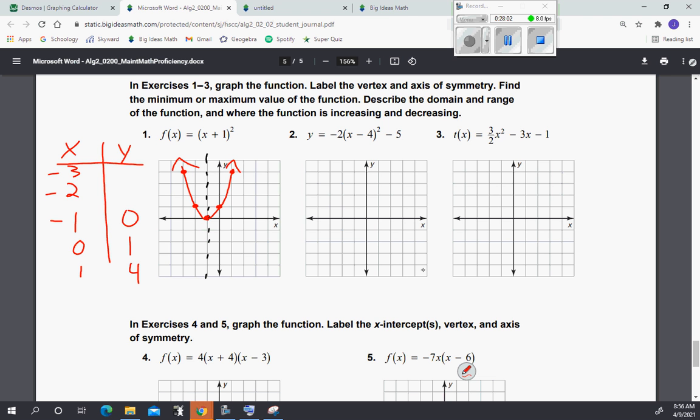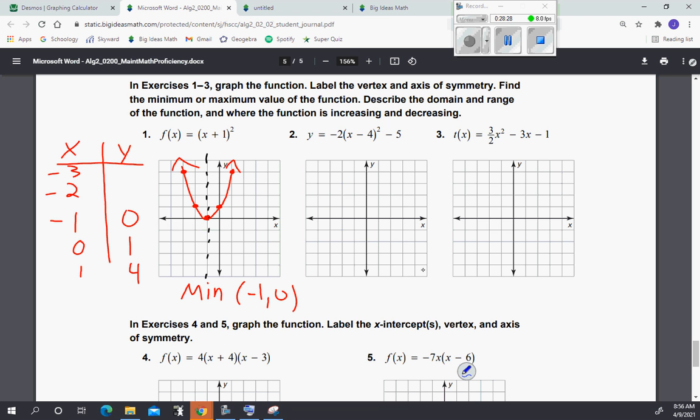The minimum is at 0, or sorry, not 0, -1, 0. And then describe the domain. My domain. Where is my graph going?